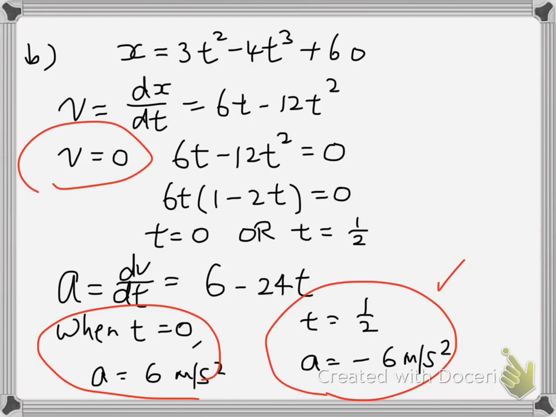It can only be this way. From negative, 0, positive, or positive, 0, negative. That's it. There is no instance where you will find this body when it is positive, and then suddenly the velocity becomes 0, and then after that it becomes positive again. There is no such thing. If it is positive, it becomes 0. The next thing it has to do, it will become negative. It has to change its direction. Okay? So that's how we're doing it.